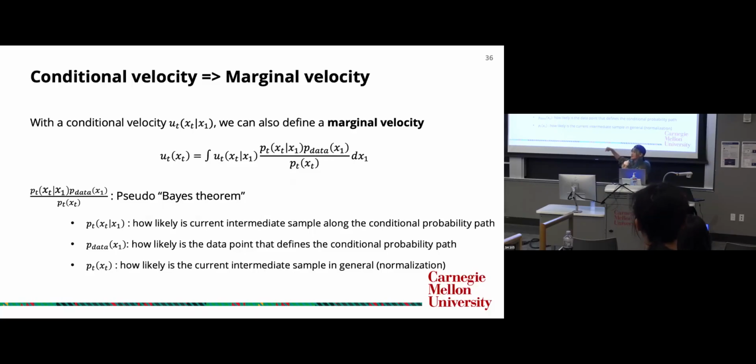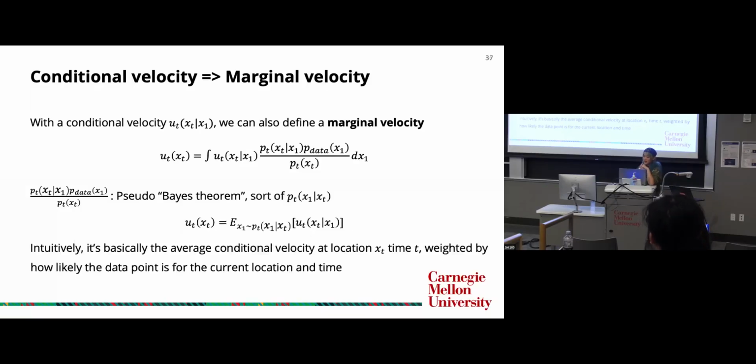How likely is the data point that defined this conditional probability path? And also reweighted by how likely in general this current intermediate point is. Does this make sense? All right. So you can intuitively understand this as the average conditional velocity at this current location and this current time, weighted by how likely the data point is for this current location and time.